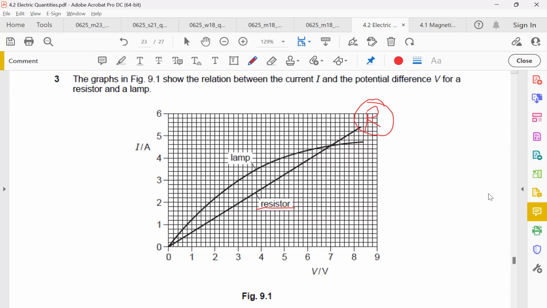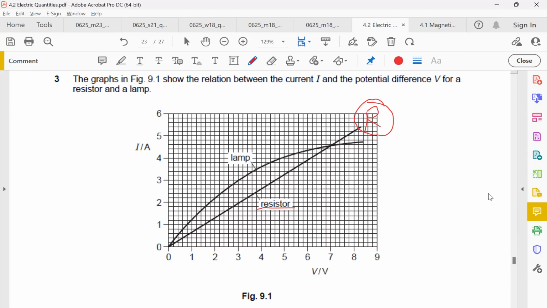What about the lamp? Does the lamp have increasing or decreasing resistance? And how do I know? Okay, increasing or decreasing?